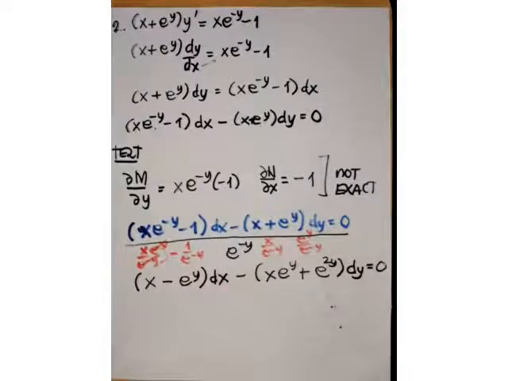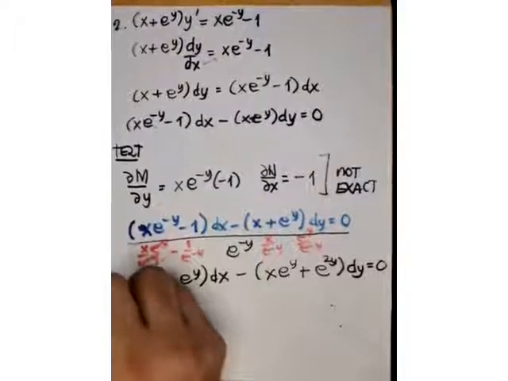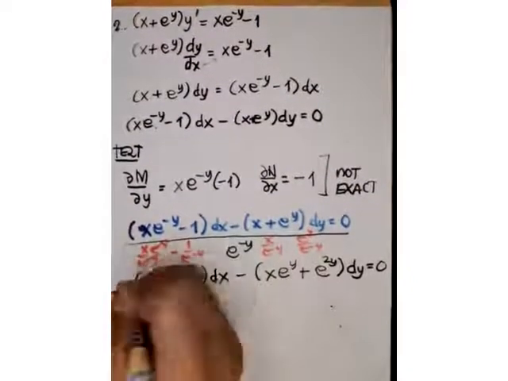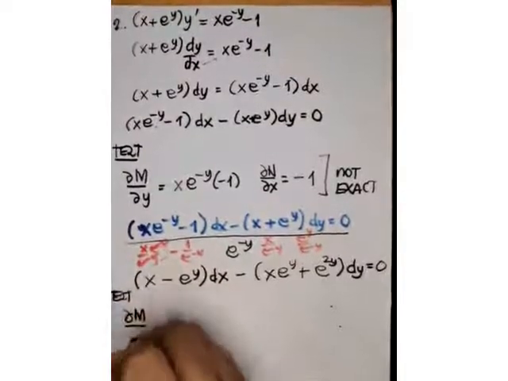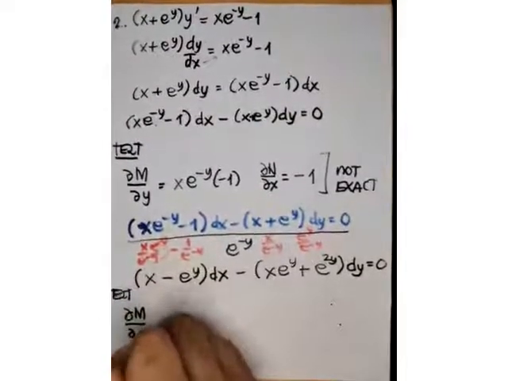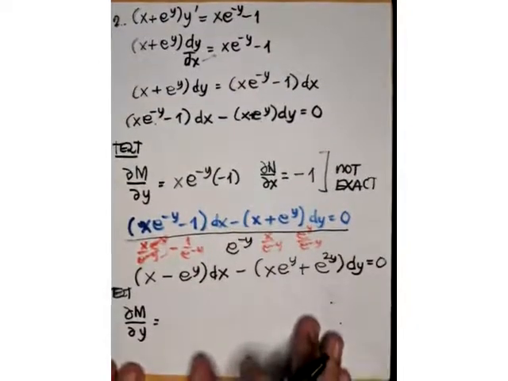Ayan. So, how about this one? So, let's try to test again if by transforming this, it will become exact or not. So if not, we give up. Find another method. So wag nating ipilitin sa exact, kung hindi pala.